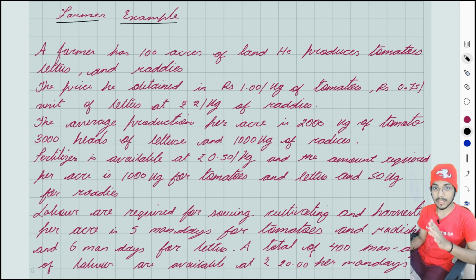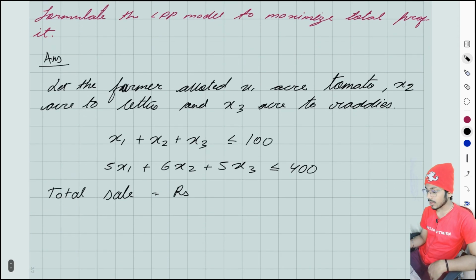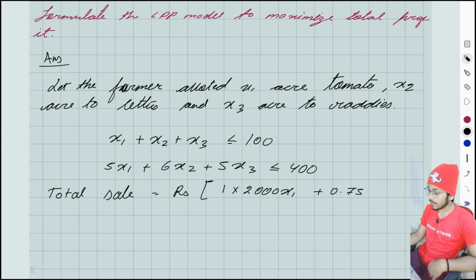After deducting the cost of producing the vegetables from the total selling price, we will get the profit. So the total sale is how much? That is rupees 1 into 2000 x1 plus 0.75 into 3000 x2 plus 2 into 1000 x3.